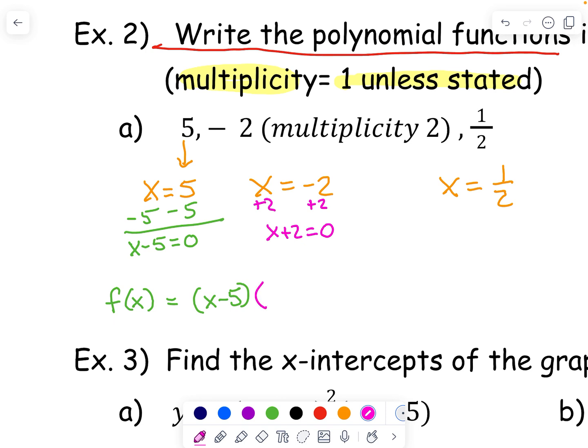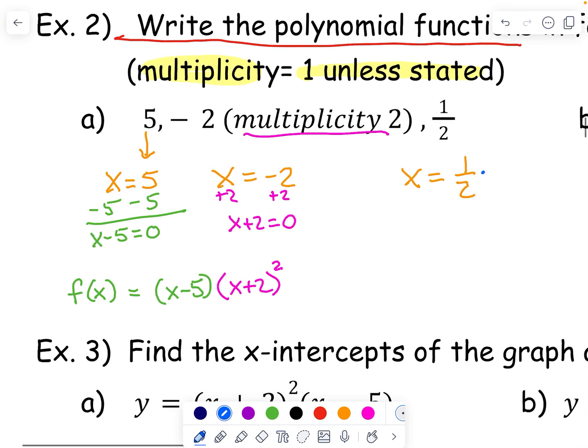So this guy has multiplicity 2, so x plus 2, because it has multiplicity 2, is going to have degree 2. And our last one is a fraction, so we will need to get rid of the fraction first. So we're going to have 2x is equal to 1, and we subtract the 1, and we get 2x minus 1 is equal to 0. And so that would be 2x minus 1, and because there's nothing after it, it's multiplicity 1 also.